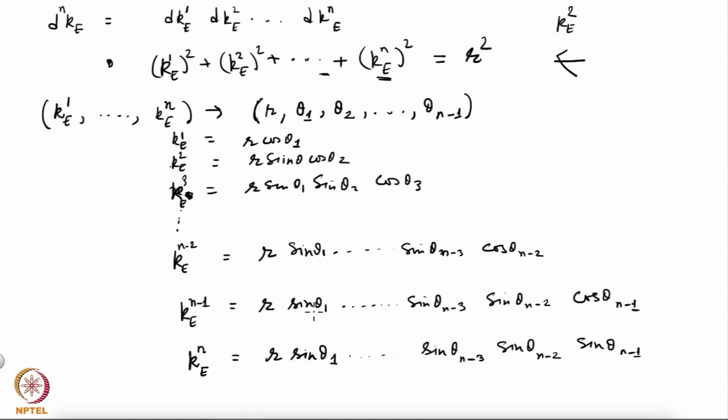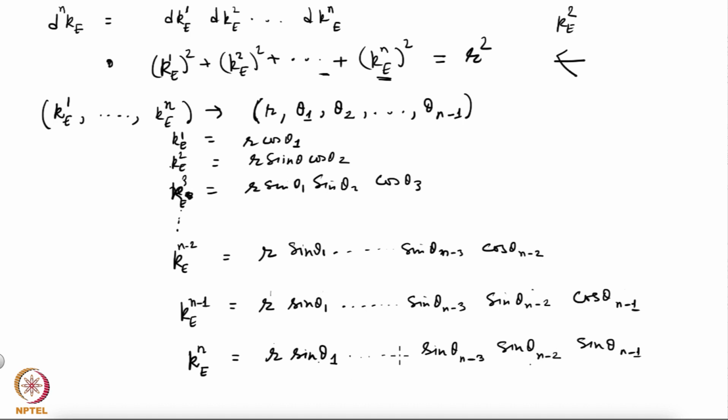You will have r squared sin squared θ1 and so on, times cos squared θ_{n-1}, and for ξ_n, when you square, you get exactly the same factors, but this one has sin squared θ_{n-1}.